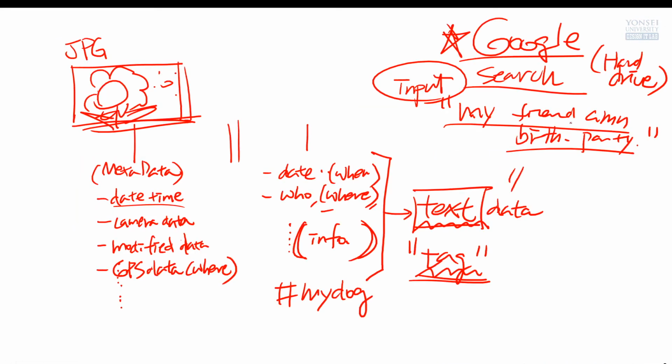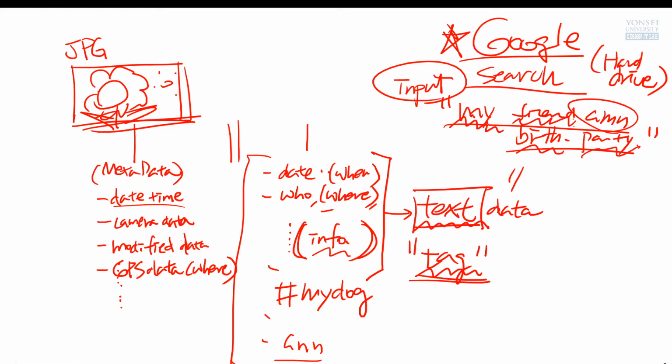This part, and you placed your friend's name here. So this one can find your friend's name and birthday. So birthday party, somewhere here in the database or data system, this one can find the birthday party, your friend. And also, Google knows your account. So when you say my, this one understands your account.